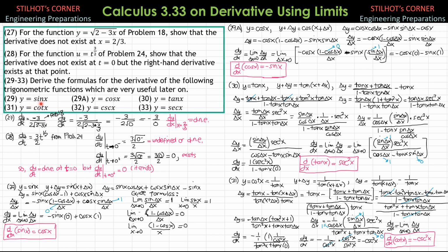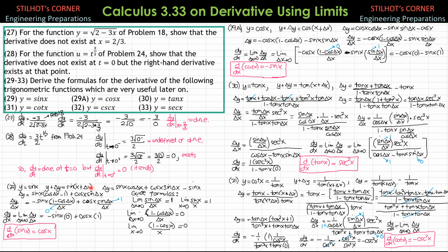The derivative of y equals sine x. I'll just repeat this: y equals sine x, y plus delta y equals sine of quantity x plus delta x. Two things must be kept in mind for this problem in order to derive the derivative of y equals sine x. One is the expansion of sine of alpha plus beta. You should know that.